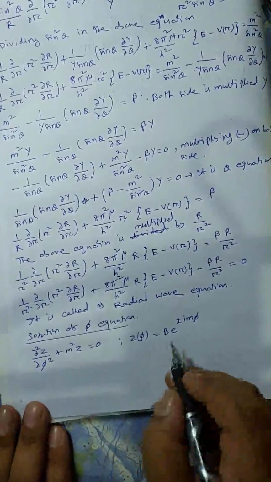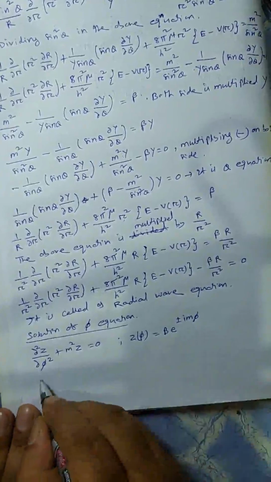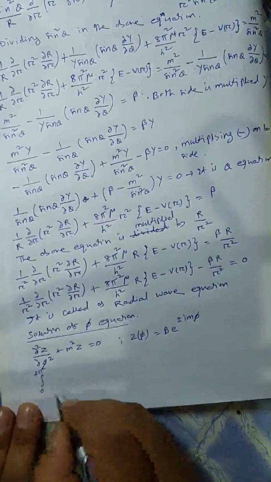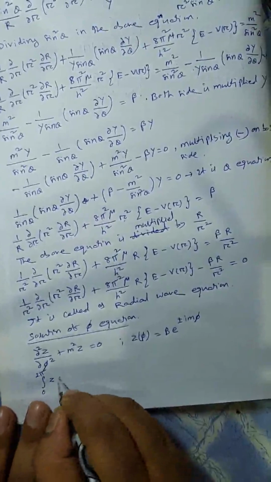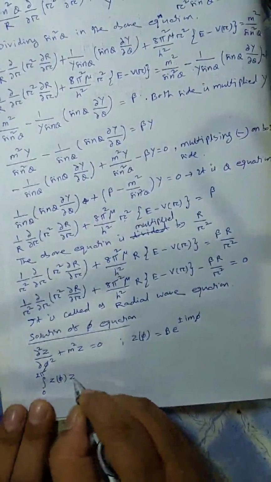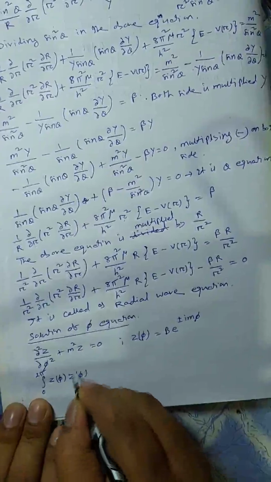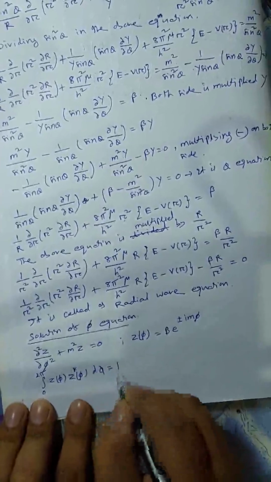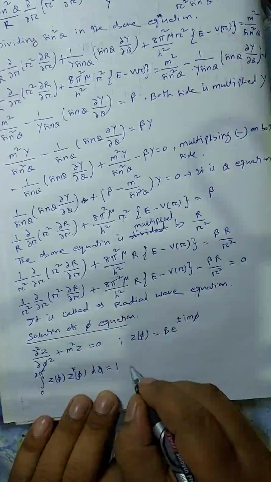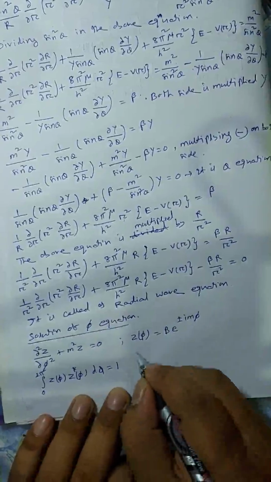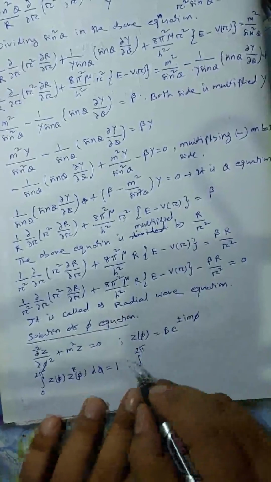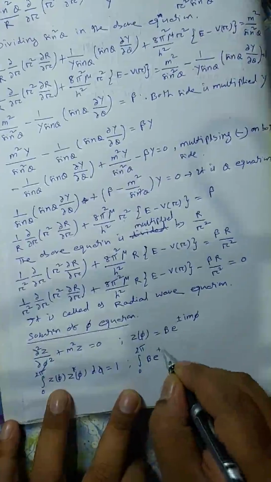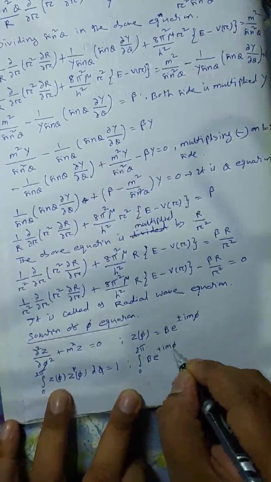Then we have to find out the normalization equation. Integration 0 to 2 pi, z phi asterisk z phi d phi is equal to 1. In place of z phi I write b e to the power plus i m phi.